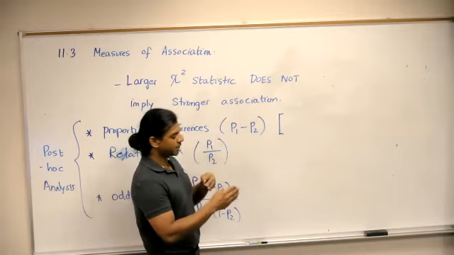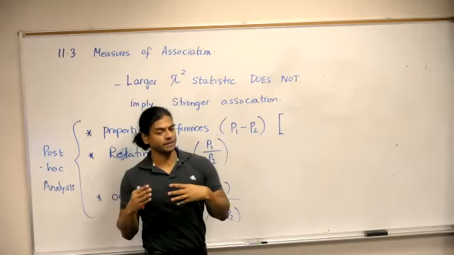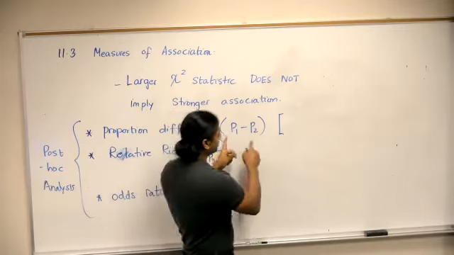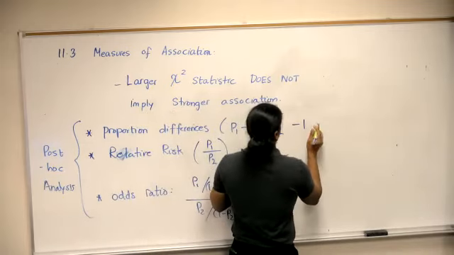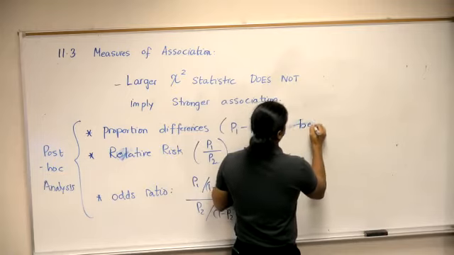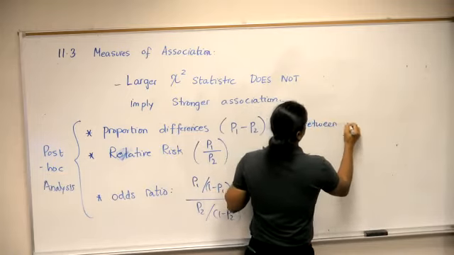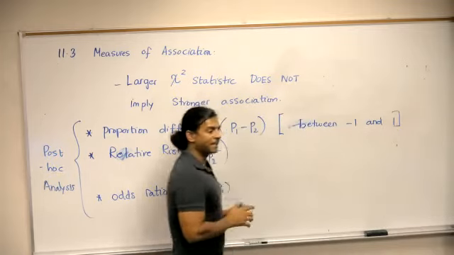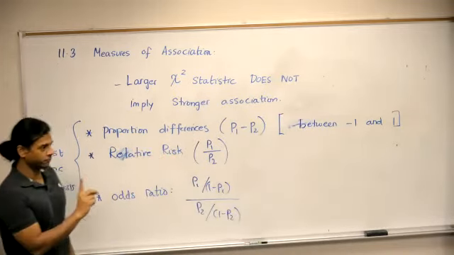Both of them are probabilities, and we know probability cannot exceed 1. So this difference will always be between -1 and +1.